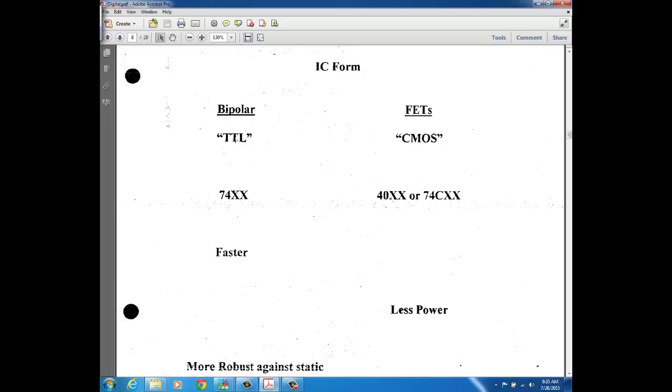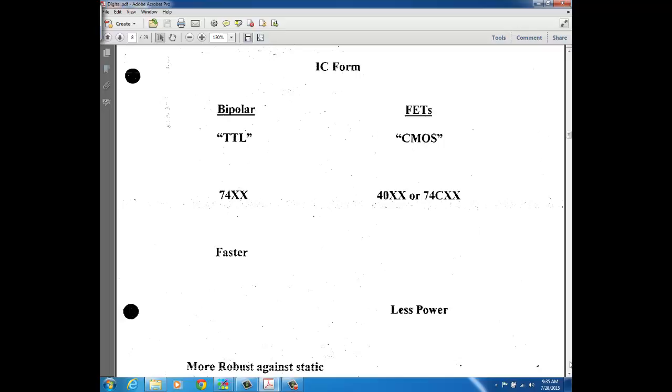TTL ICs have logic circuits made with bipolar transistors, BJTs. CMOS logic circuits are built with FETs. So the examples that we've been seeing in these videos have been examples of CMOS logic circuitry. But like I said, all those gates that we looked at that were built with FETs, you could build them with BJTs.